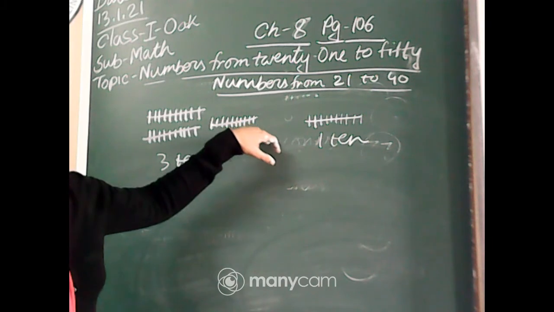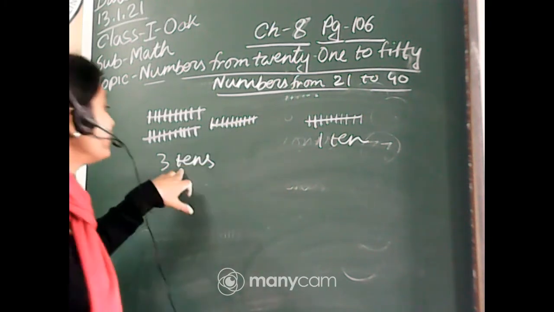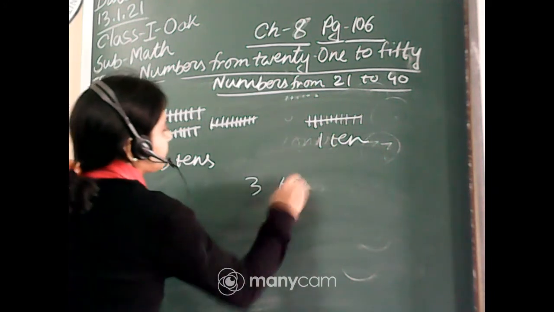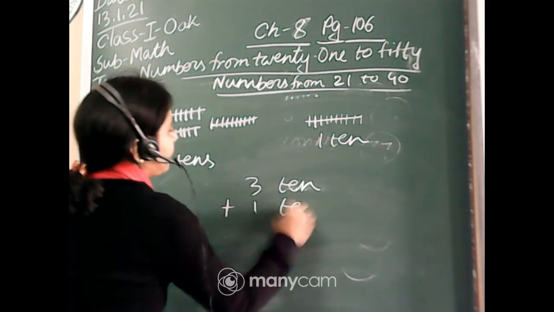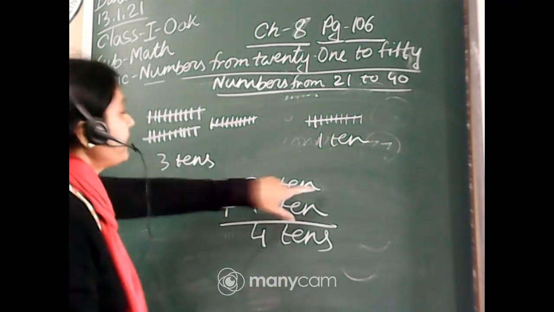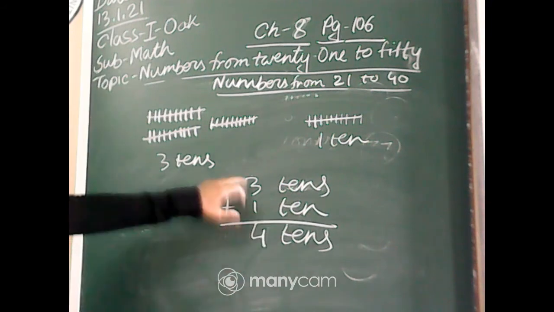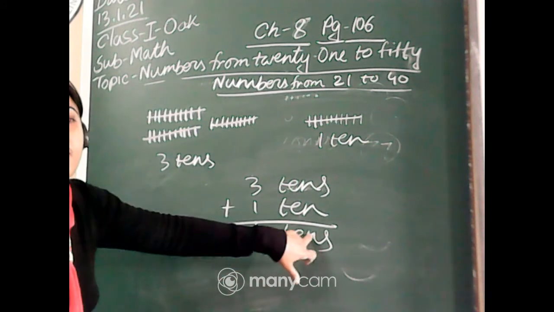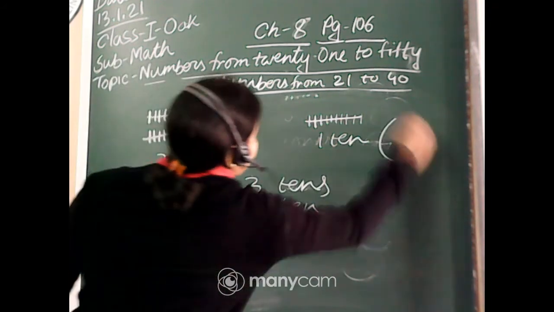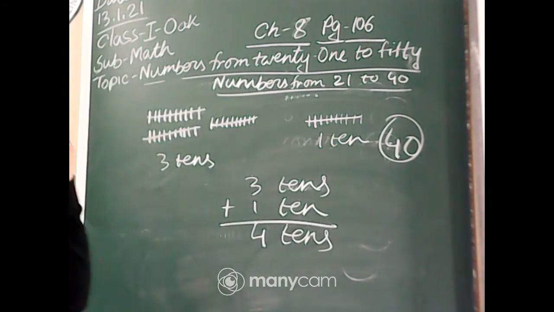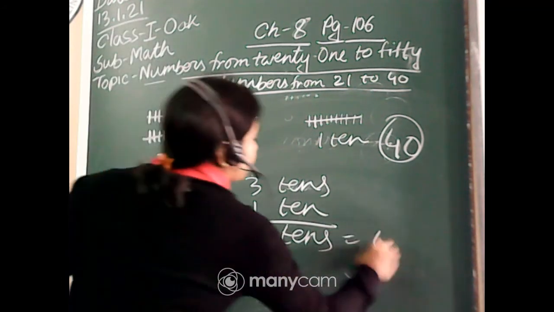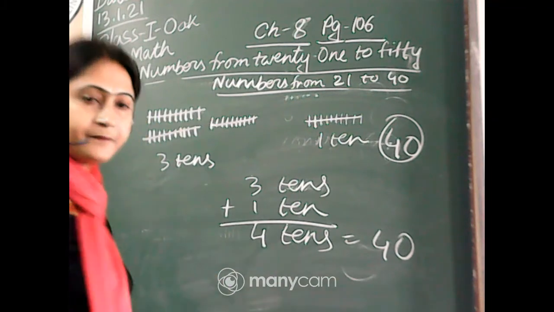Let's see, everyone please follow the board carefully. 3 tens plus 1 ten equals 4 tens. 4 tens means 40. 3 tens plus 1 ten equals 4 tens. 4 tens means 40. Okay.